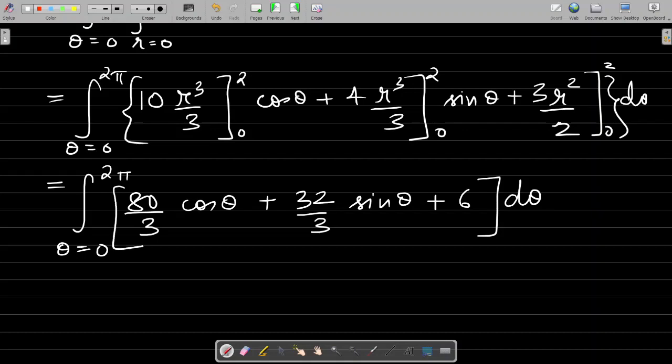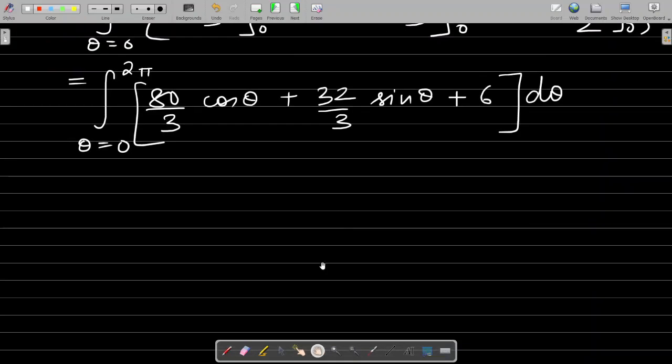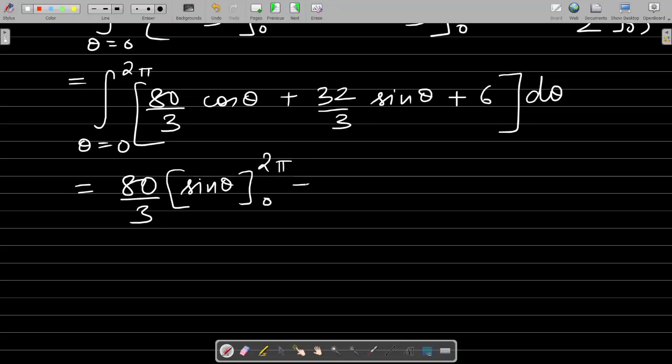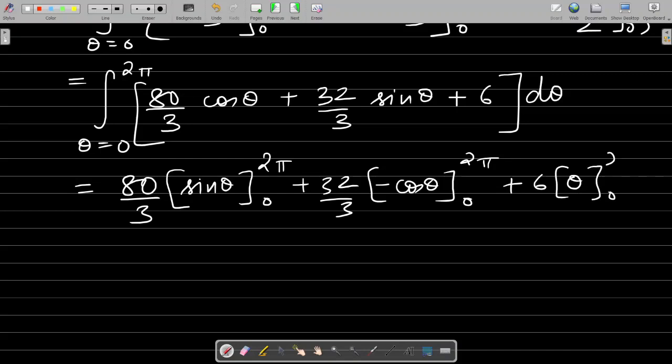Okay, so all of this within the limit 0 to 2 pi, so this is equal to 80 by 3 sin theta within the limits 0 to 2 pi plus 32 by 3 into minus cos theta within the limits 0 to 2 pi plus 6 into theta within the limits 0 to 2 pi.